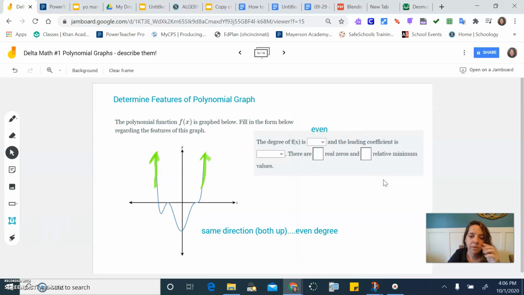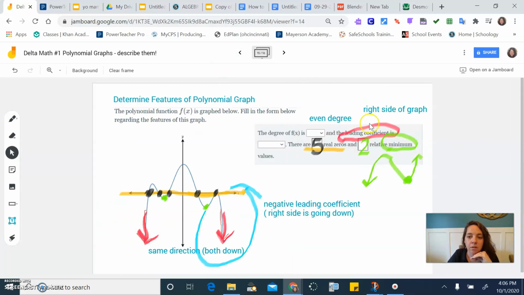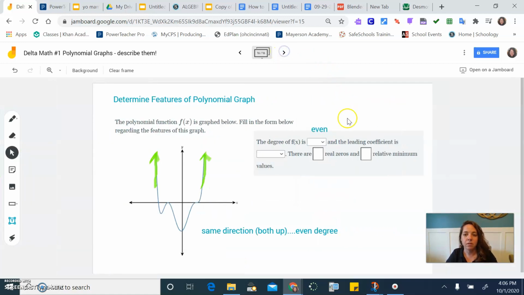Okay. The leading coefficient is either going to be positive or negative, and the way that we see that, remember, is it's about the right side of the graph. So the leading coefficient comes from what the right side of the graph is doing. Well, what is the right side of this graph doing? It's going up.